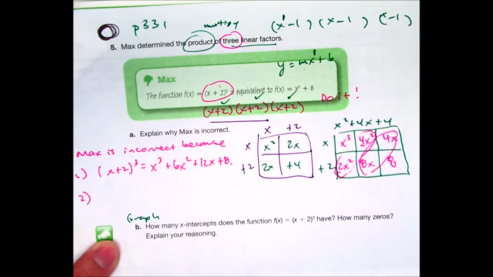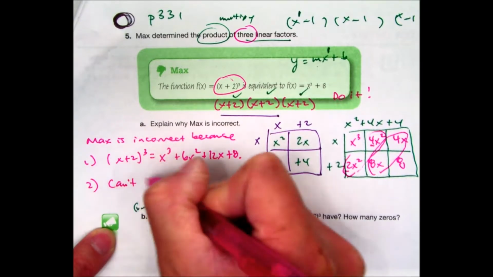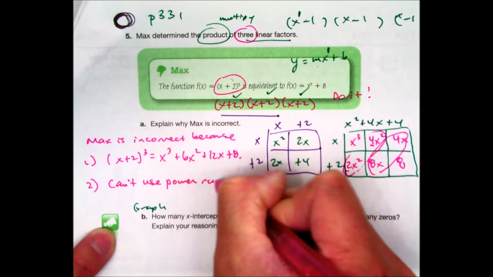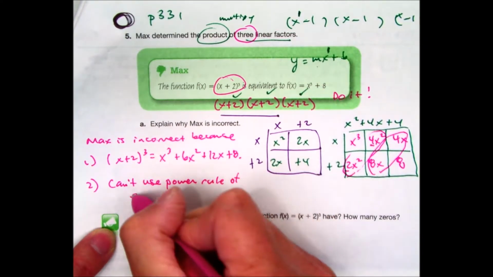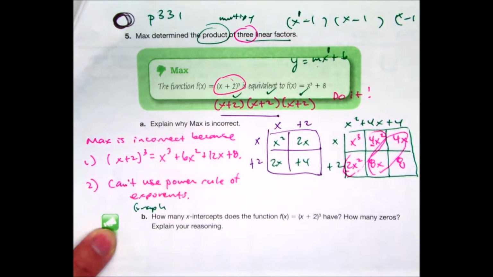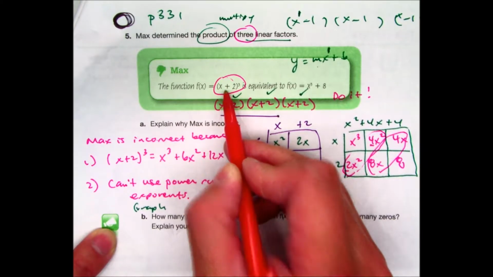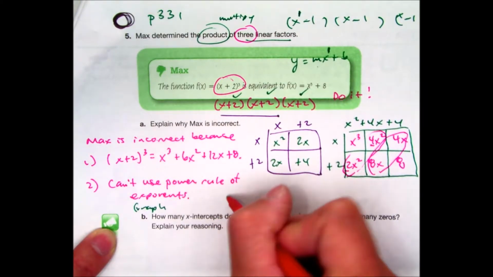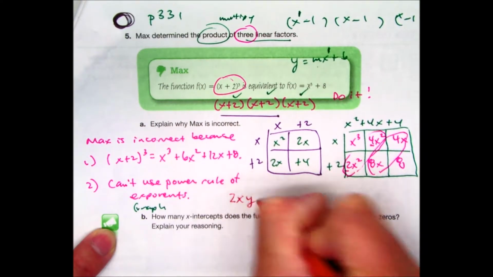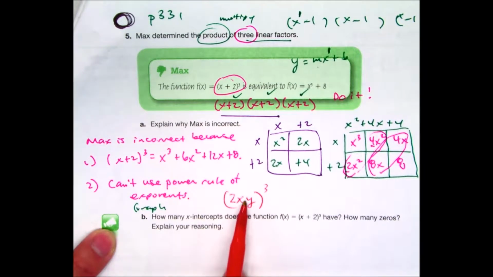And the second reason why Max is incorrect, you cannot use the power rule of exponents. I think I've shown this to you before. If the problem was something like 2xy to the third power, do you see what math operation that is?